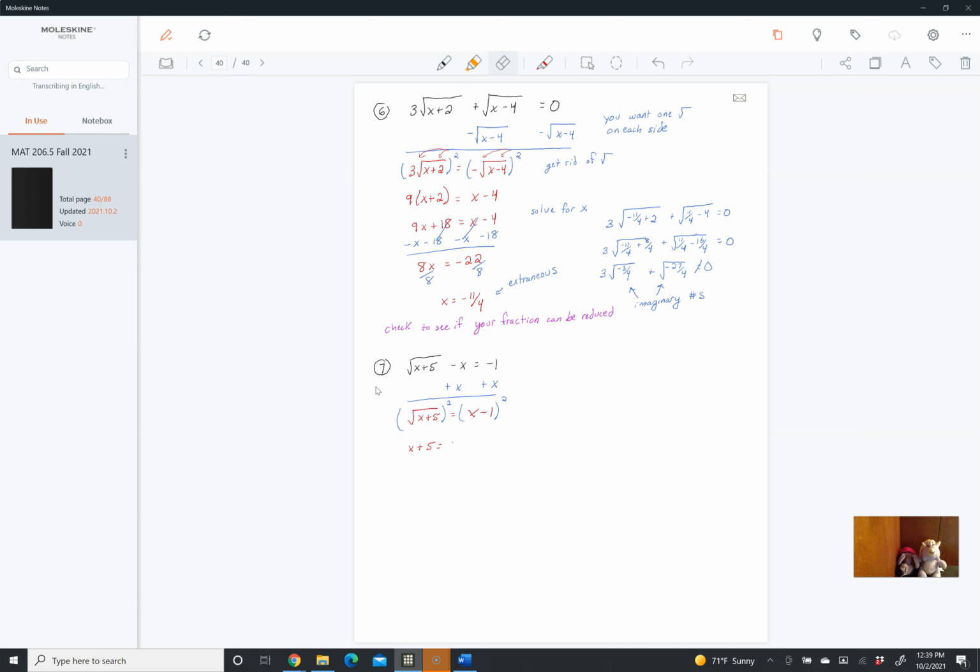So x minus 1 squared is x squared minus 2x plus 1. Okay? This is x minus 1 times x minus 1. Do not distribute the square. So now we can subtract x from both sides and subtract 5 from both sides.